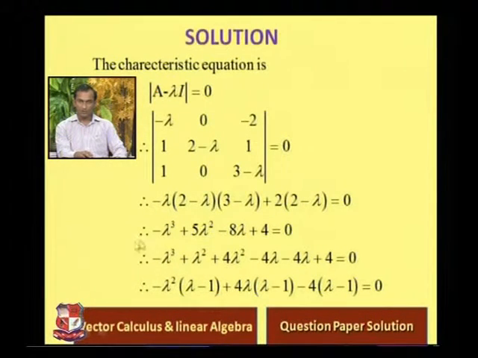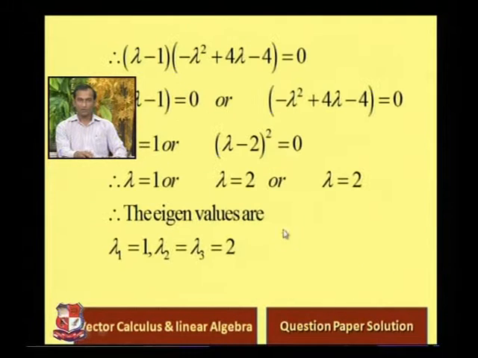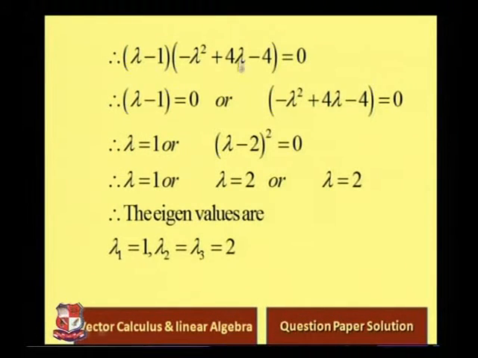So taking lambda minus 1 as a common factor from this expression, we get lambda minus 1 into the quadratic factor minus lambda square plus 4 lambda minus 4 equal to 0. Now one factor equal to 0 and another factor equal to 0.